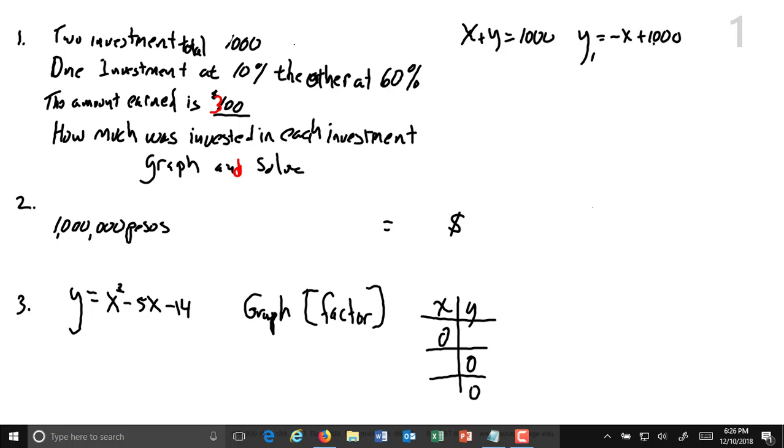And the other equation is going to be 0.10 x plus 0.60 y for a total yield of $300.